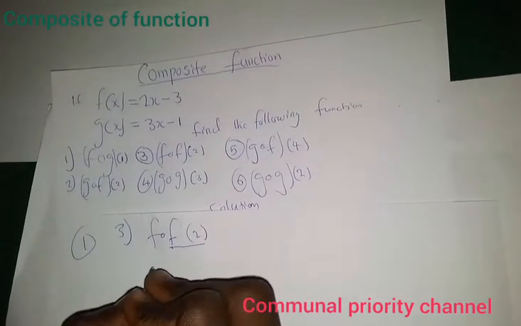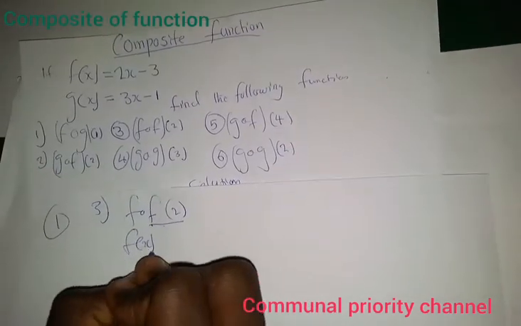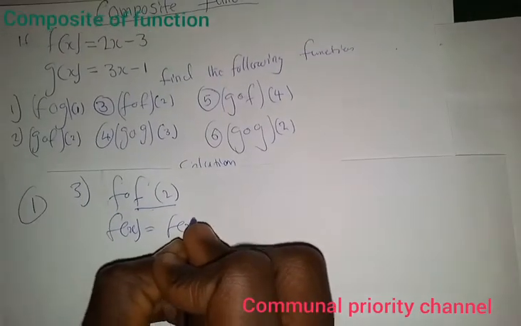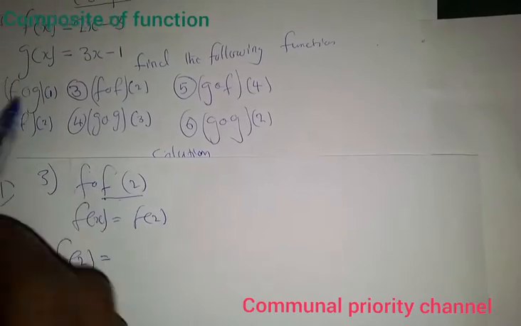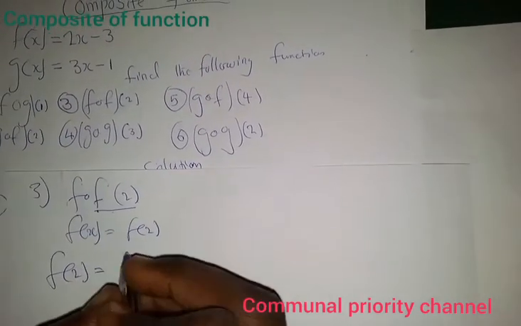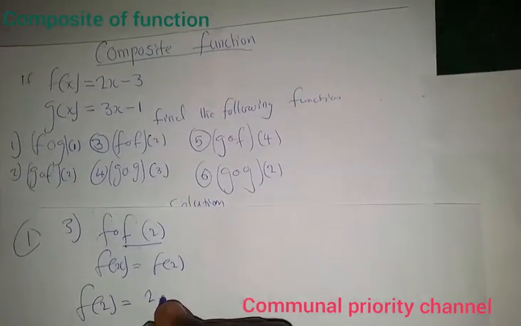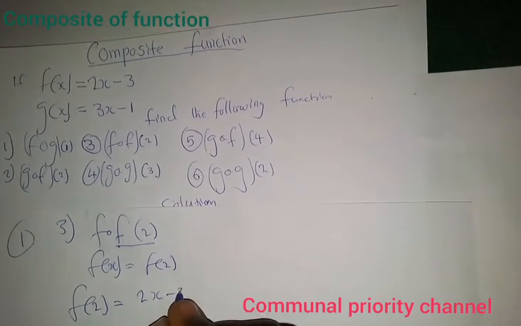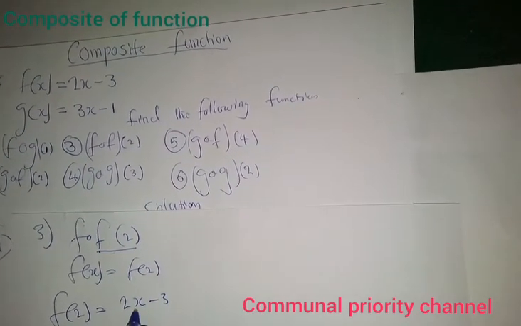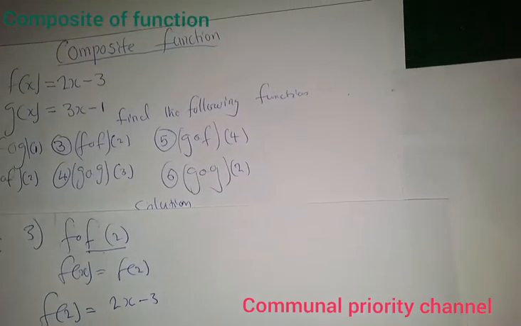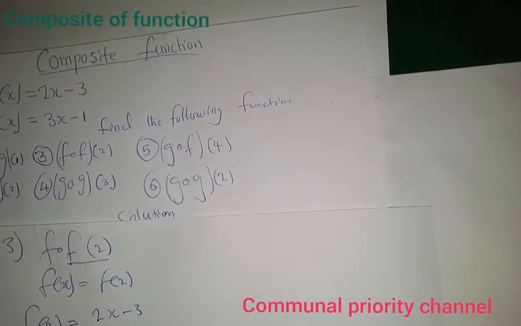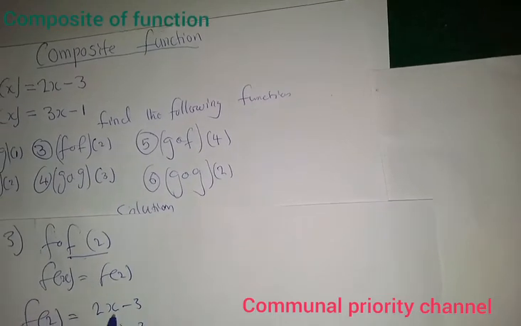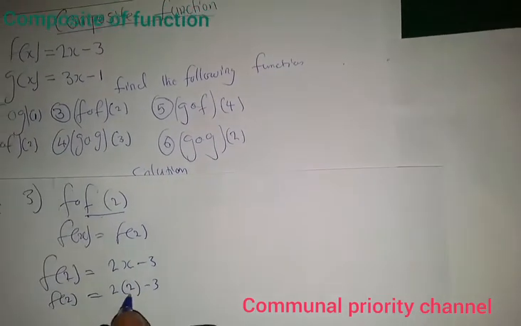So first of all, we know our f of x is equal to f of 2. Then now our f of 2 will be equal to, what is the equation of f of x? We say it is 2x minus 3. But since we have 2 here, this 2 will replace this x. Therefore, our f of 2 will be equal to 2(2) minus 3, because we are replacing this x with the 2 we have here. 2 times 2 is 4.